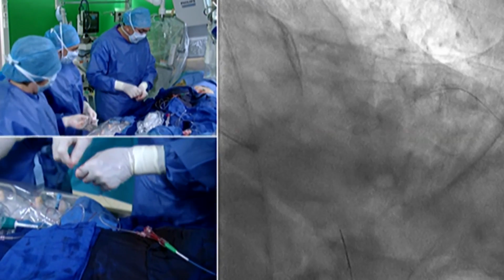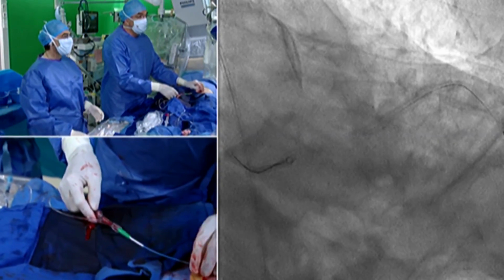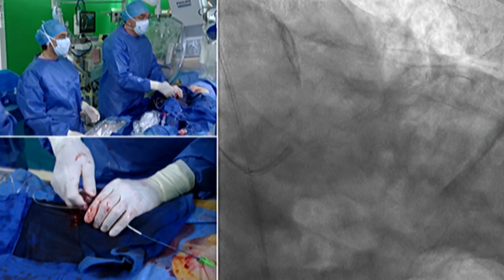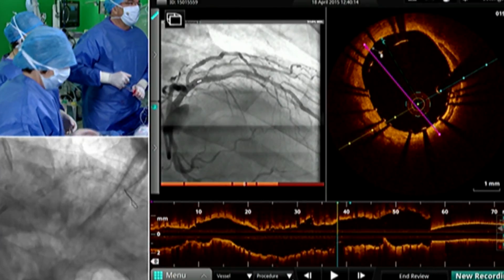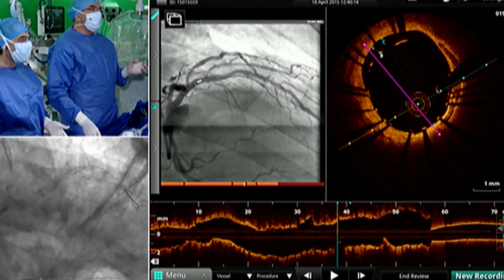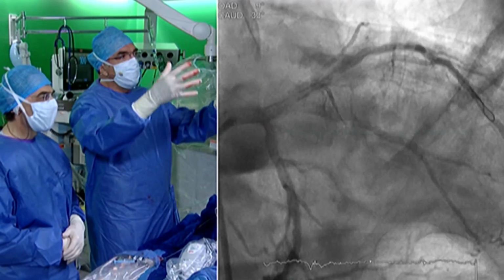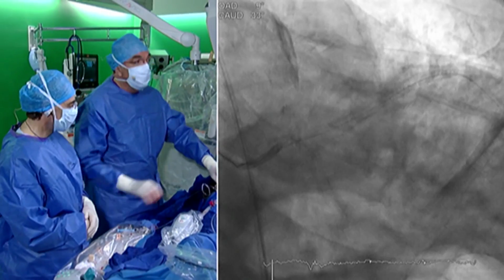So of course, Giulio is an expert, but to be honest, I tried this system several times in the last weeks, and I can tell you it's really easy to use. Okay, here now is the result, and you could see now the quality of the vessel, the lumen.